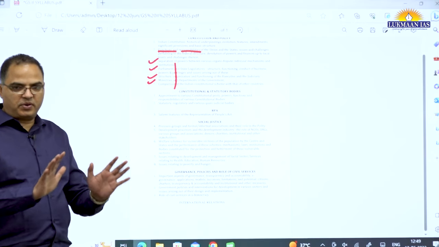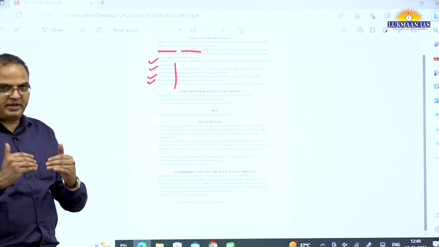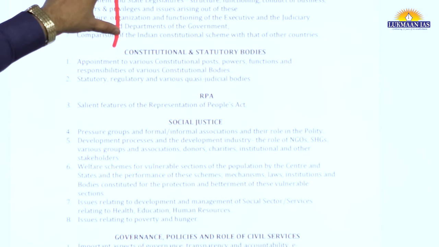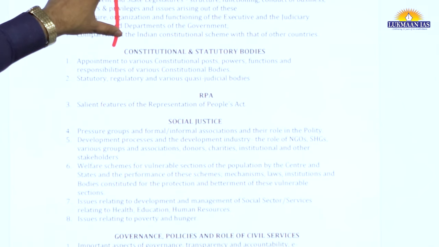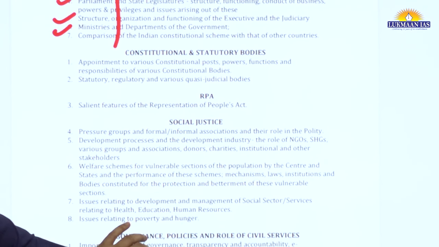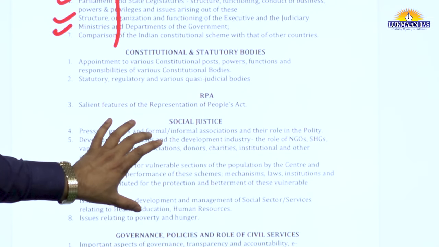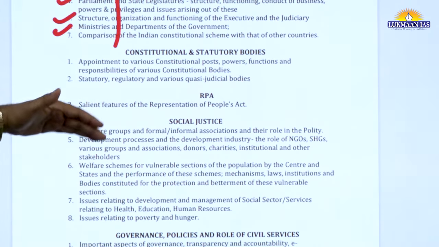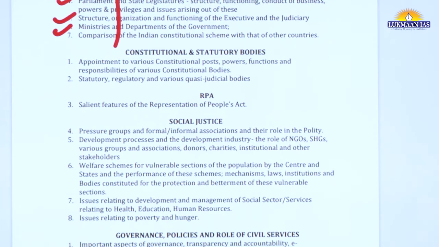Because whatever we have told today, we have told only about this. But the syllabus also has this part. It is a major part. If you go topic wise, it is half of the syllabus.